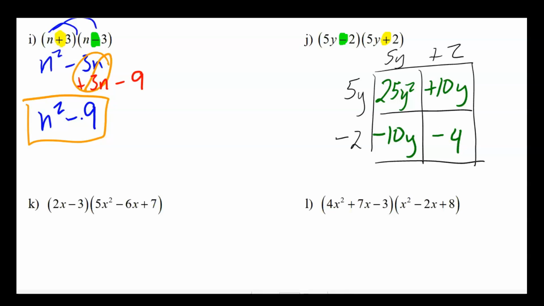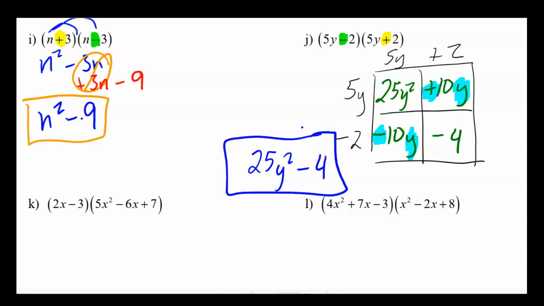And then once again, I've got y, and I've got plus and minus. So all of that just drops in the middle because plus 10 minus 10 is 0. And I'll be left with 25y squared minus 4. Okay, notice that though, the reason why that worked is because I did actually distribute it and the middle term happened to go away.